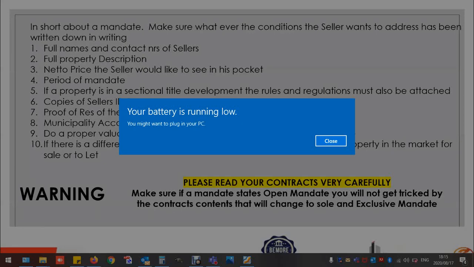I asked the owner, what is the problem here? Because now I'm going to sell a property that is not listed. It's not the same property that I want to sell. Then the owner said to me, the agent emailed them the empty mandate, and she completed it at work.